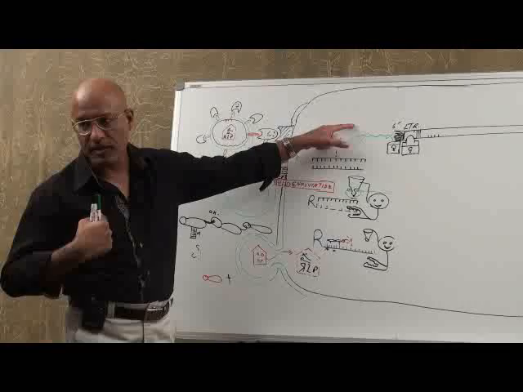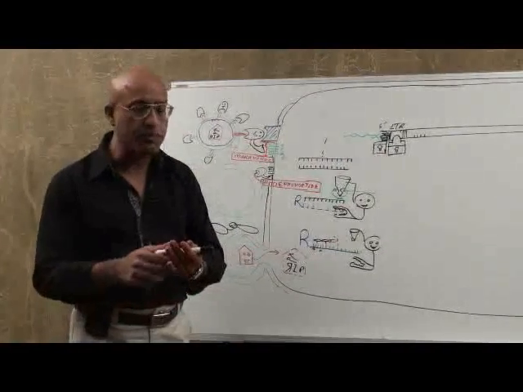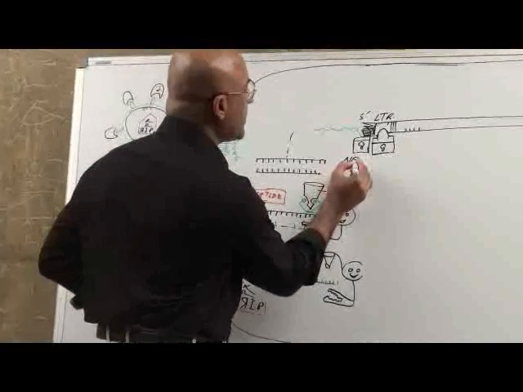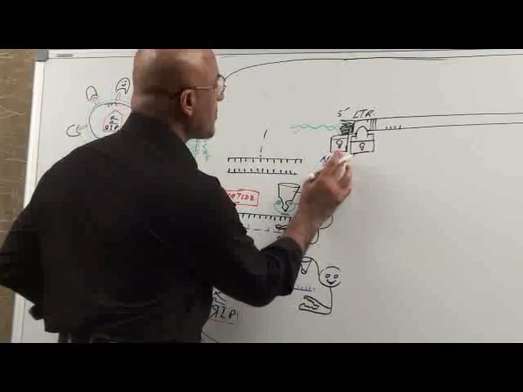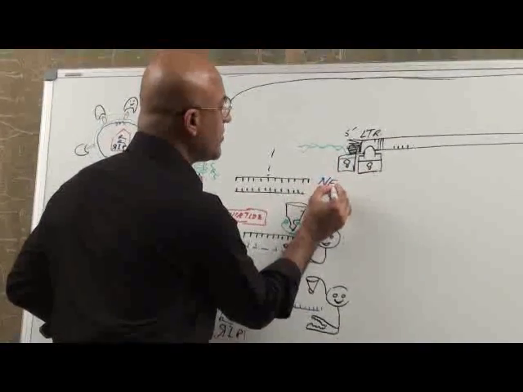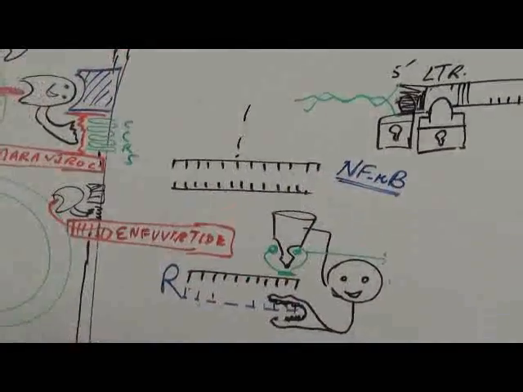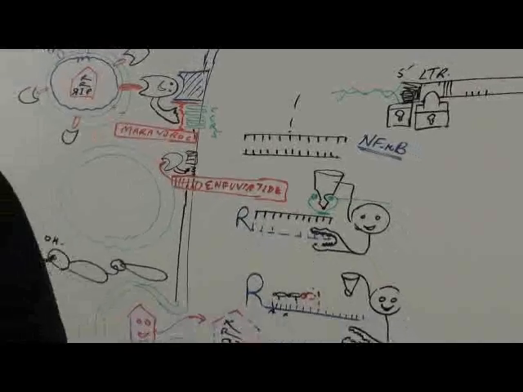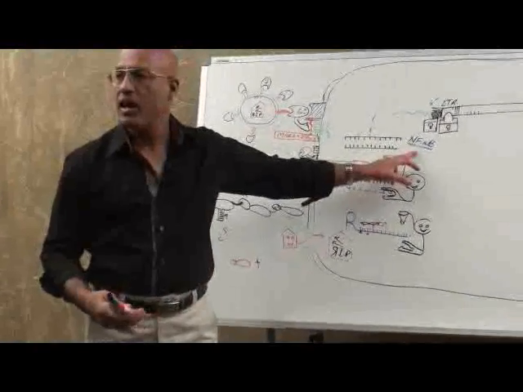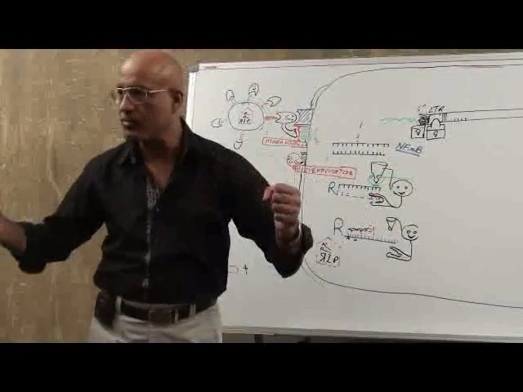But unfortunately, the same key also opens this lock, right? For example, one of the transcription factors is nuclear factor kappa B, right? It is normally, physiologically activated in our lymphocytes and macrophages when they want to become active.